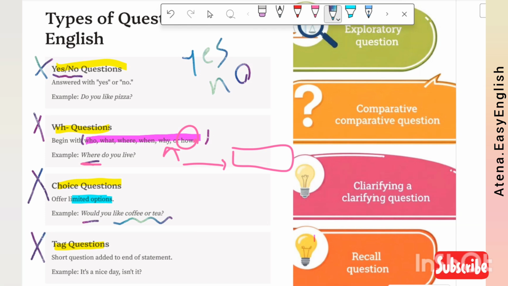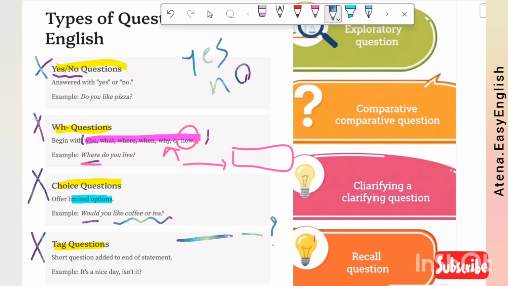And the last is the tag questions. A short question added to the end of a statement. Sometimes you want to say a sentence and finally ask someone what they think. The weather is good, isn't it? You want someone to tell you, yes, it is, to agree with you.